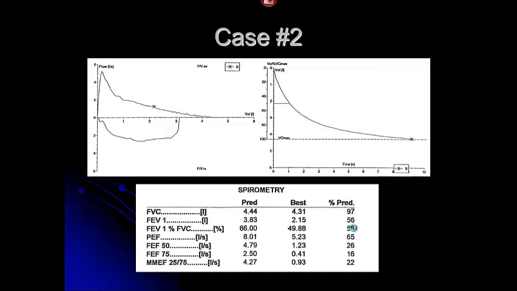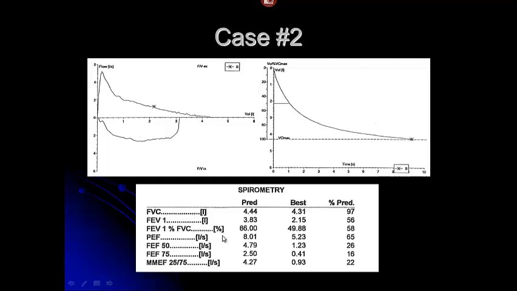Let's look at case 2. You have FVC, which is forced vital capacity. So your inspiration is 97. So inspiration is normal, but the forced expiratory volume in the first second, which is expiration, is severely decreased, which is 56. 80 to 100 is normal.